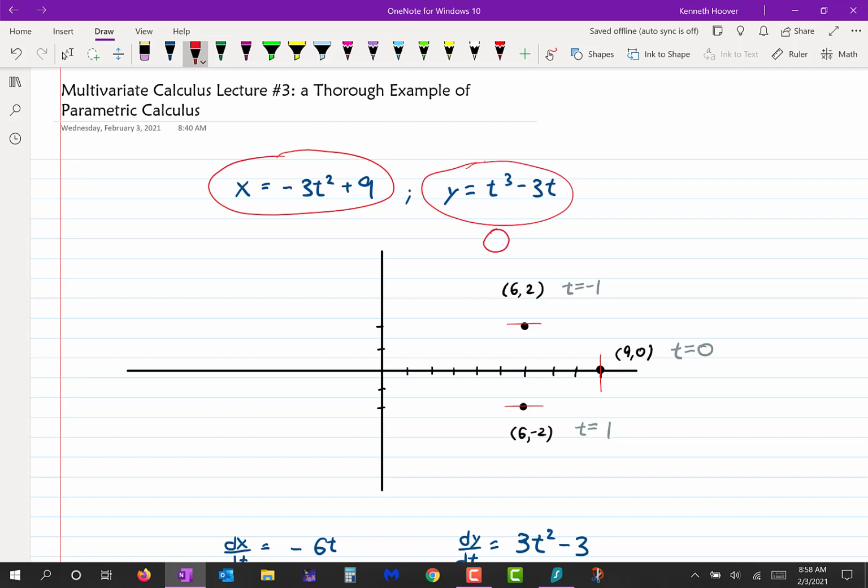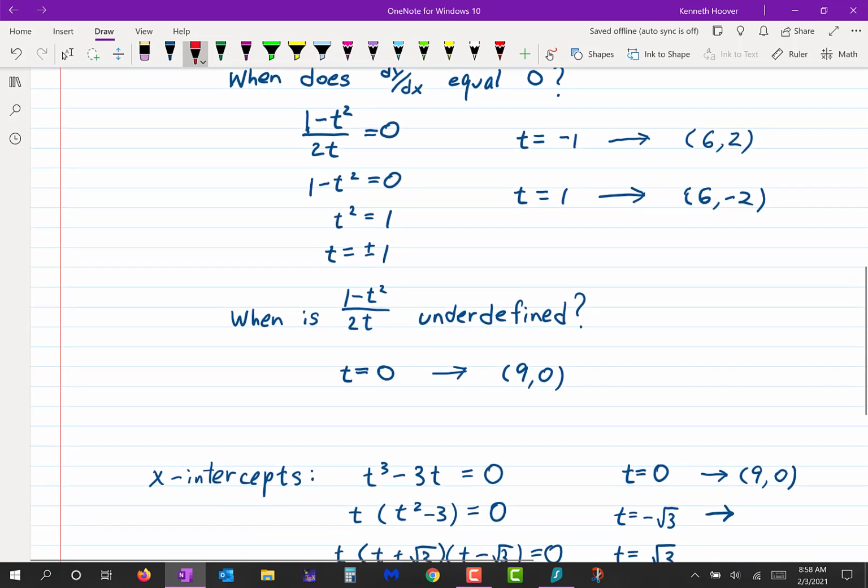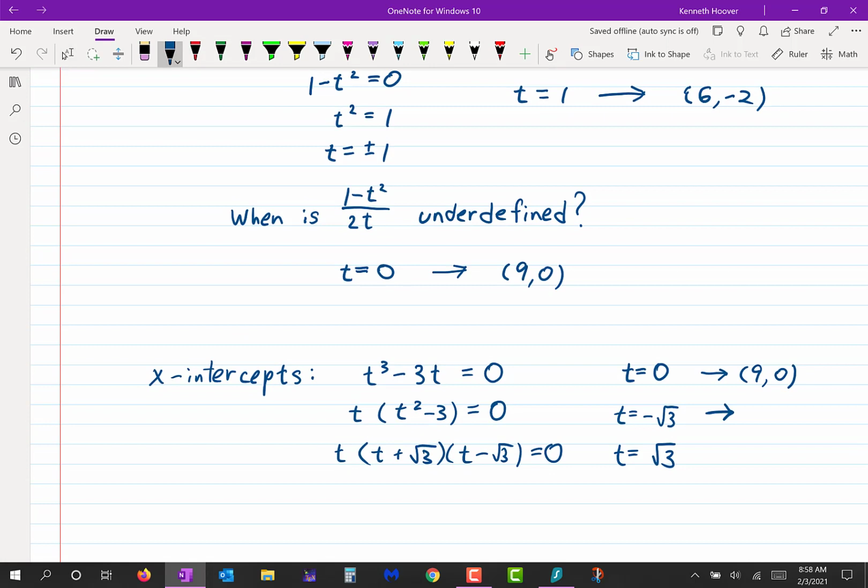You just have to plug in negative square root of 3 into the x equation. Notice what you're going to get. You're going to get negative 3 times 3, which is 9, plus 9, which is 0. So when t is negative root 3, we are at the point 0, 0.